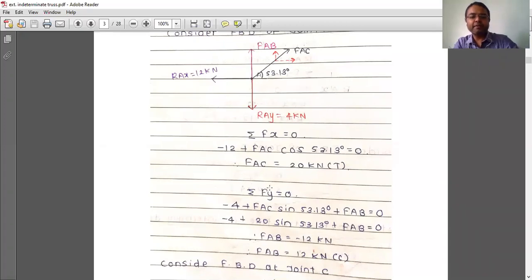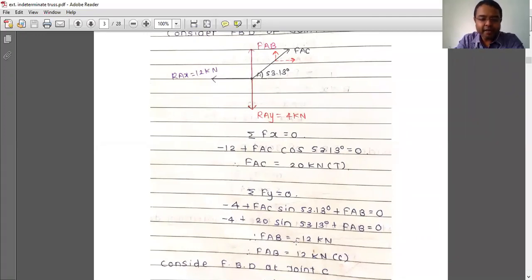So here in a summation Fy, forces going upward we are taking positive, and forces going downward we are taking negative. So here the important thing is we have to put the value of FAC as 20 kilonewton over here. This value you have to put as it is. We have got the answer positive.